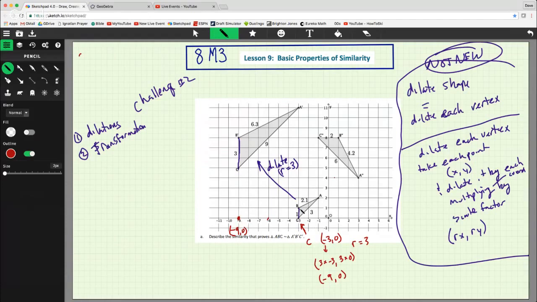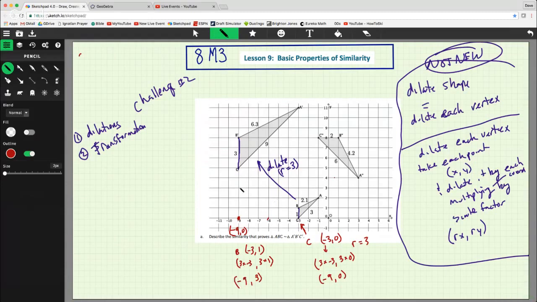Now we're going to dilate point B using the same technique. B is -3, comma, 1. So we do 3 times -3, comma, 3 times 1, and we get, for our new dilated point, -9, comma, 3.